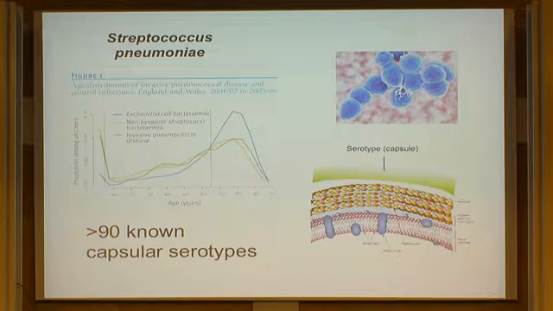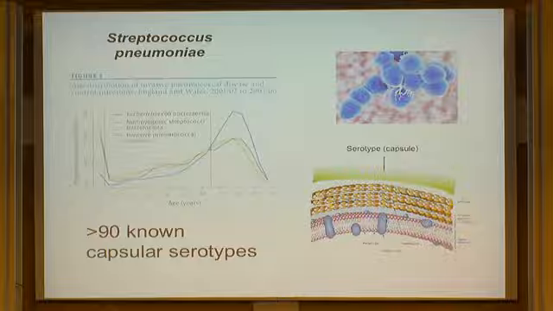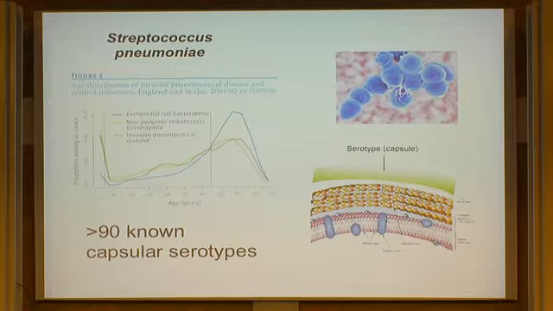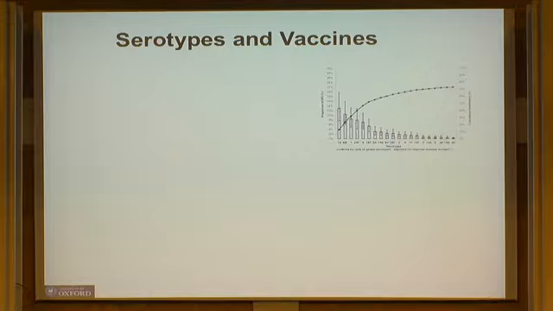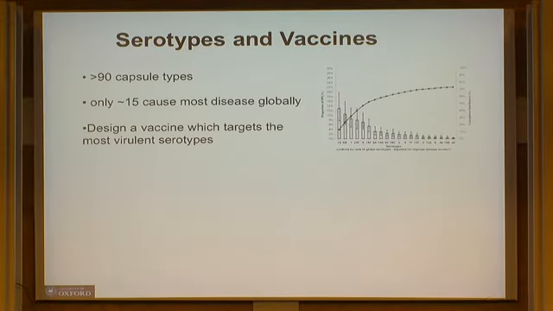So this is just a sort of plot of the age structure of disease, just showing that it kills a lot of children and also a lot of adults. But what I want to draw your attention to is the fact that there are 90 known capsular serotypes of the pneumococcus. However, of these, only around 15 cause invasive disease.